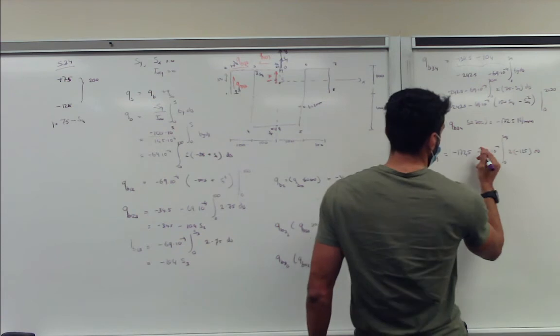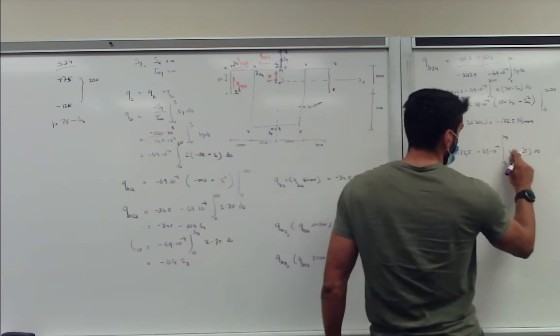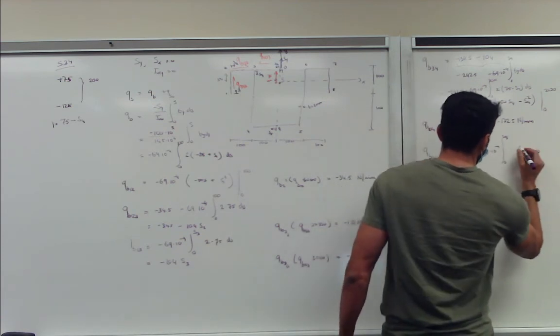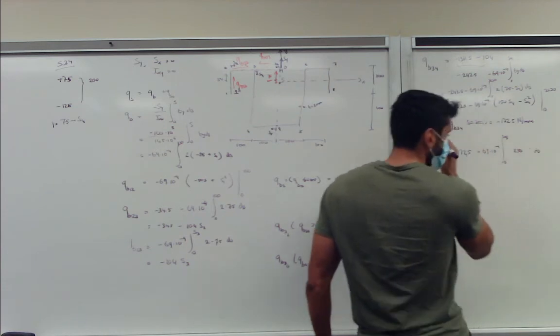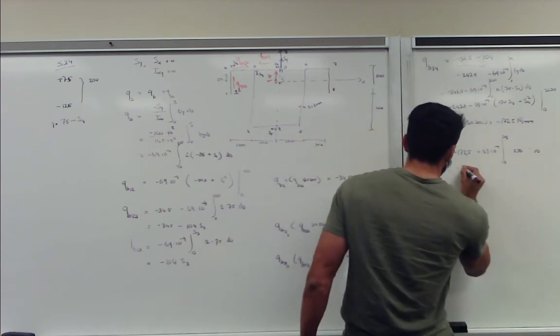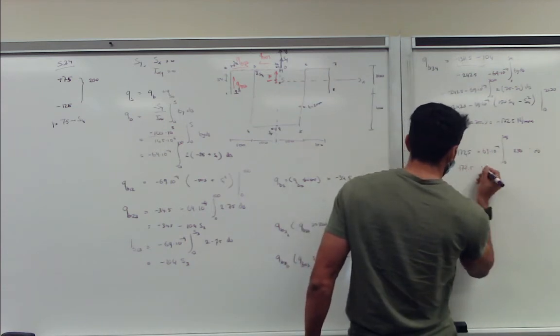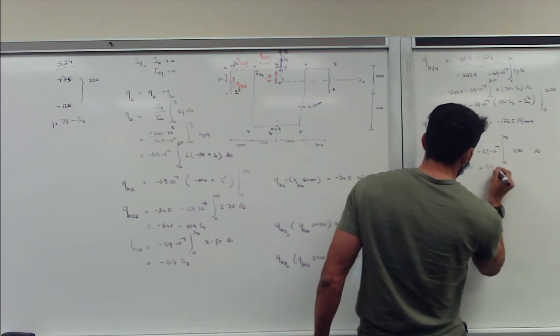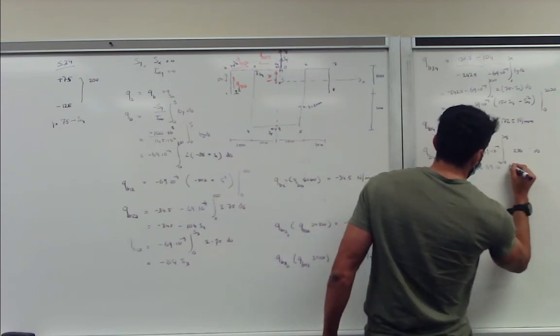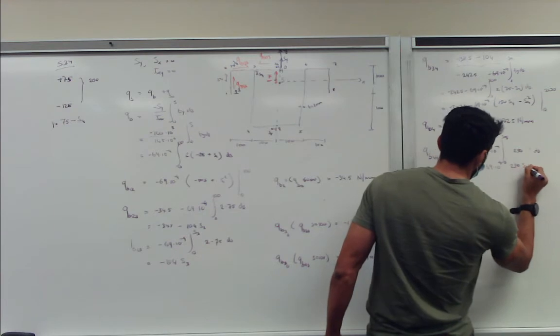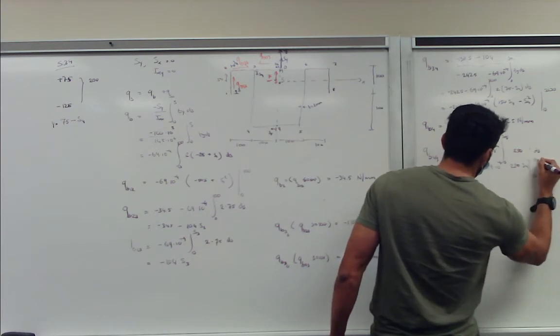So this becomes basically a plus, negative goes, and this 125 becomes a 250. So you get negative 172.5 plus 69 10 to the minus 4, and then 250 S4 evaluated 0 to 100.